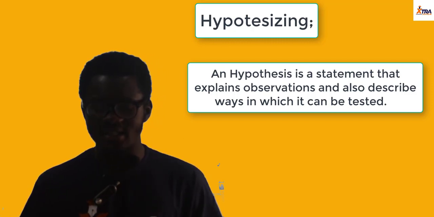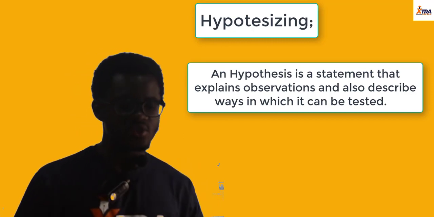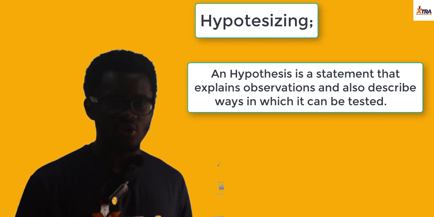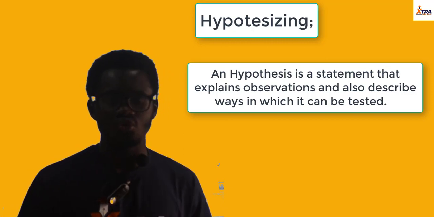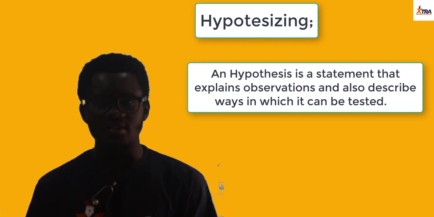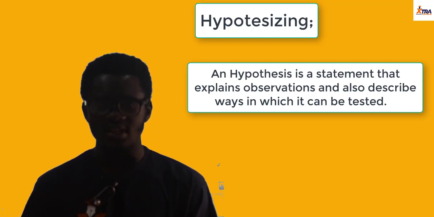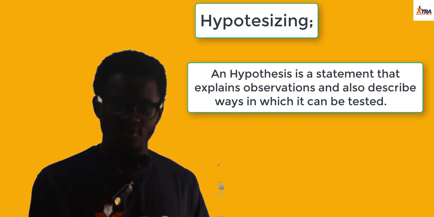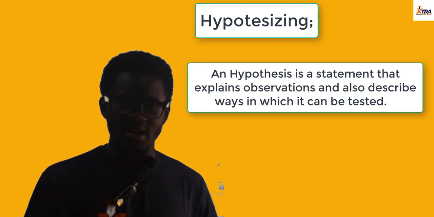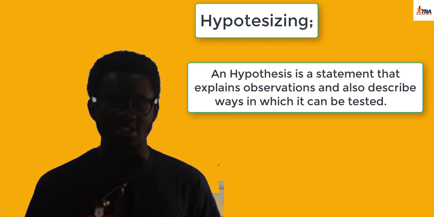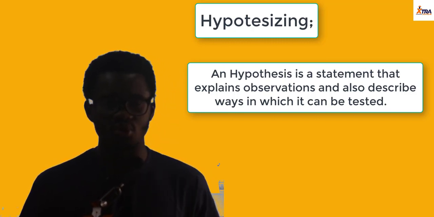This is why there's a disease outbreak. This is why you are suffering from this illness. This is why children in certain countries have low nutritional level. This is the reason why this area is prone to these infections. Or this is the reason why we have these crops dying in their numbers in this region of the country. So you make those statements after you have done what needs to be done.